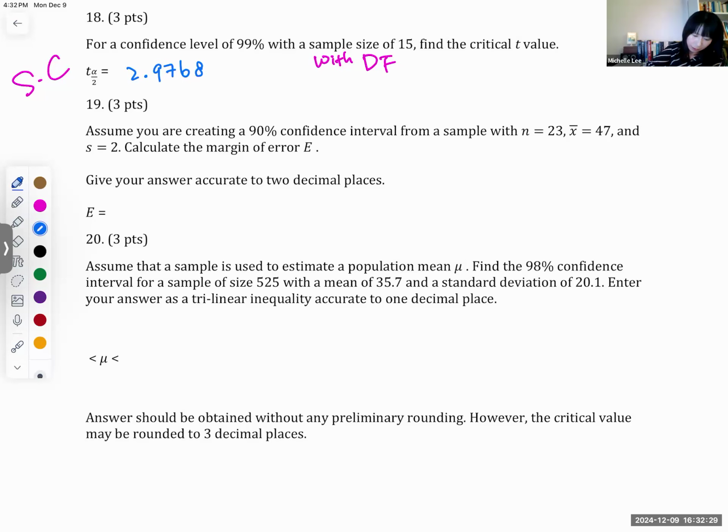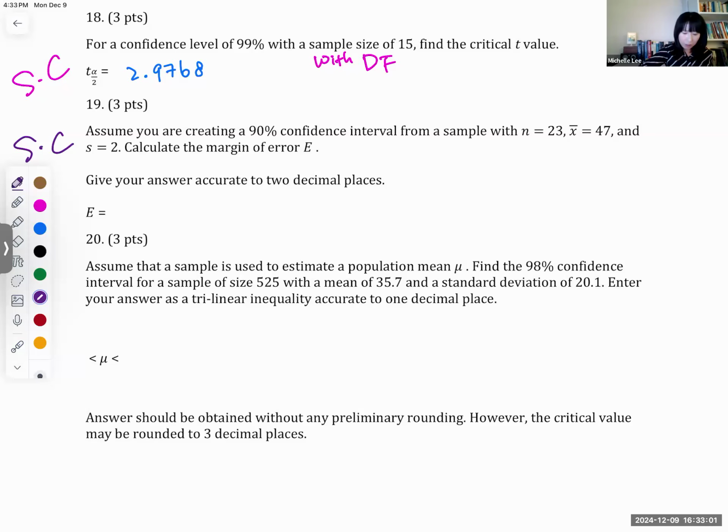StatCrunch. All right, so X bar, not the P hat, right?